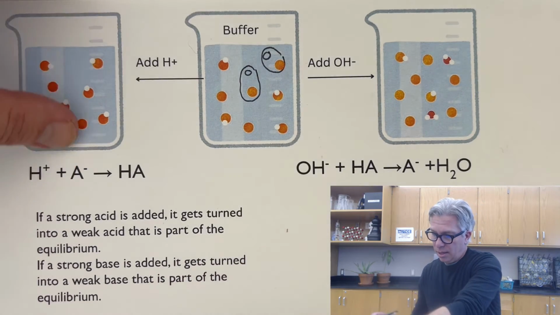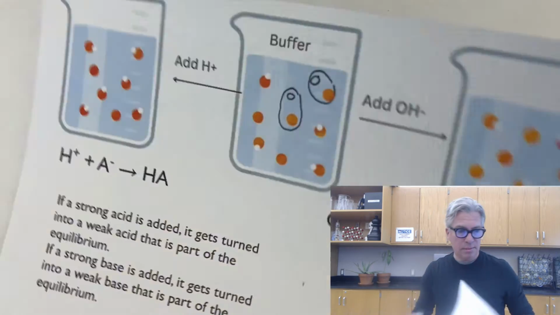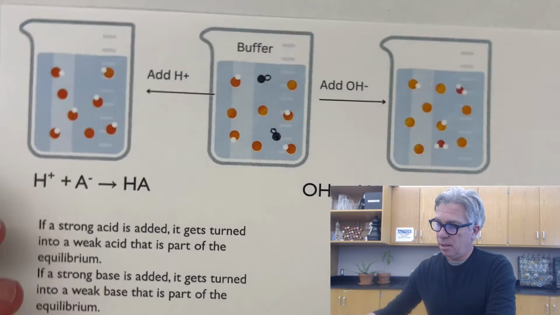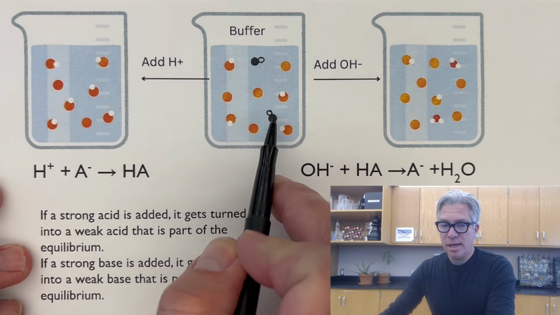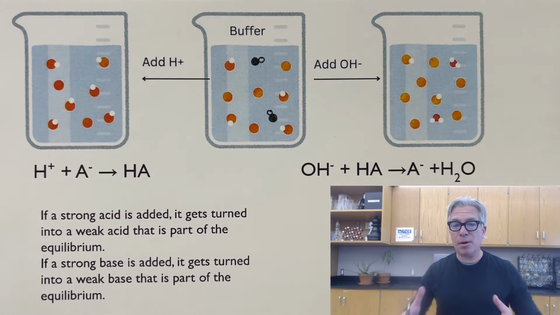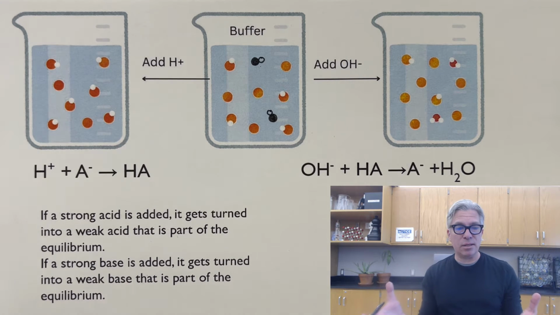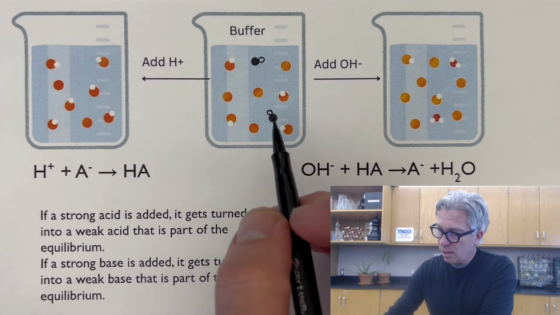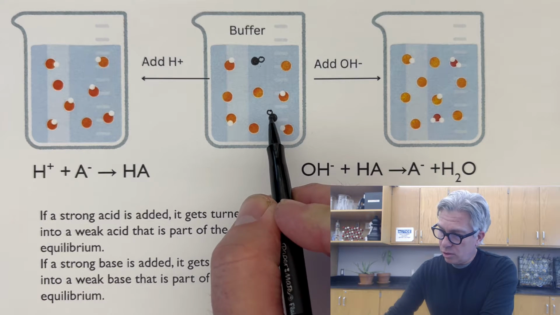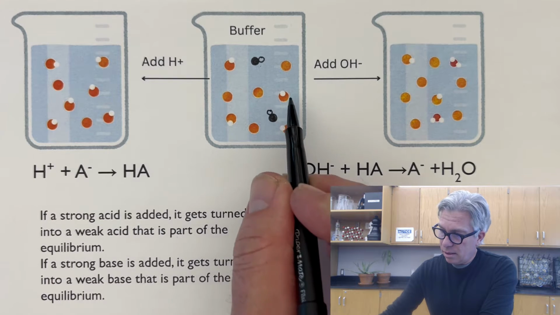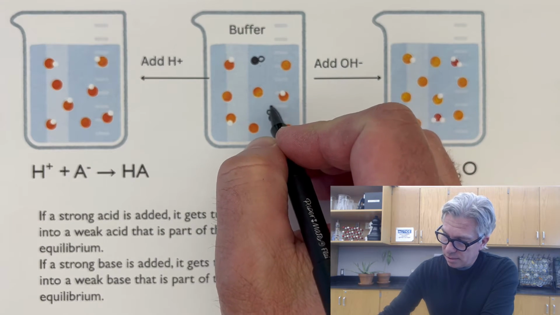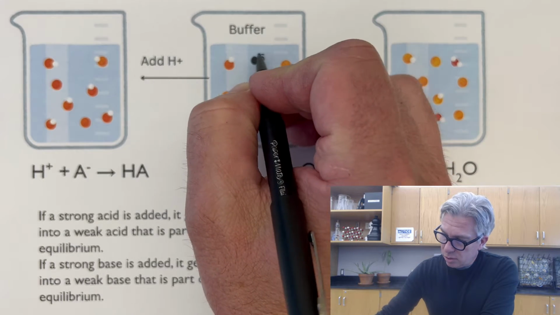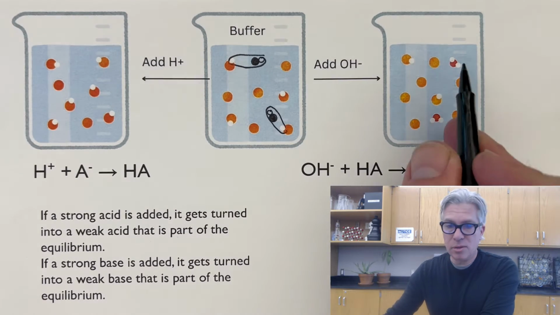Okay? And if I do a similar thing with some base, drop in a couple of hydroxide ions, what they will do, just like anybody showing up at a party, they'll case the joint, they'll look around and see who's there. They want to react with the best acid available, and so they're going to see these weak acids and actually grab their protons to produce a couple more water molecules that weren't there before.